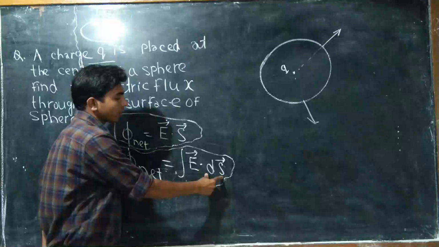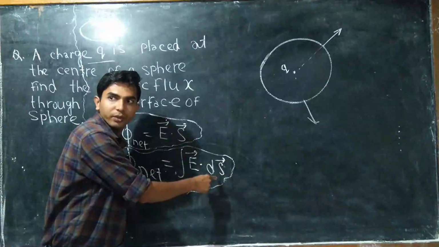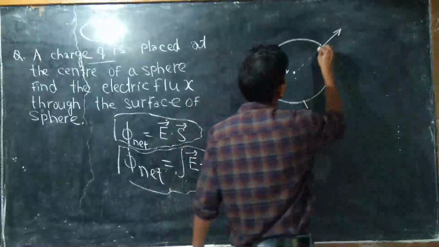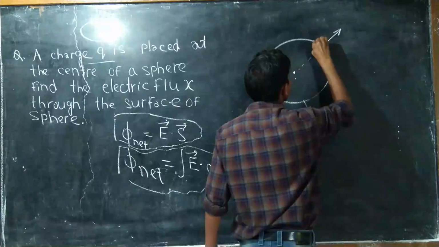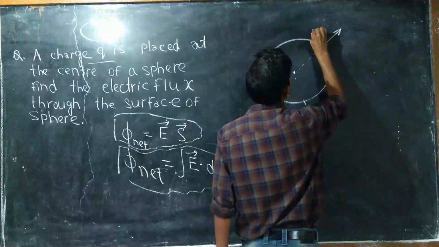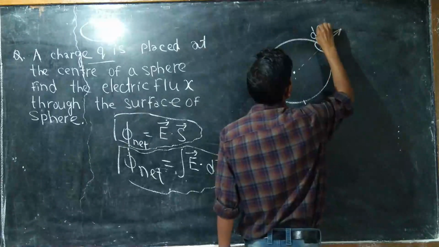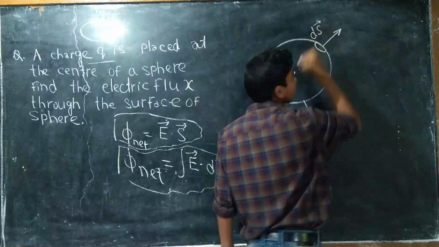In this formula, you can see this is the flux through a small surface. So I am going to consider a very small surface here. Suppose this small surface is dS. What is the direction of dS?